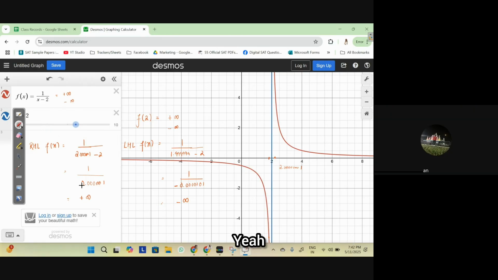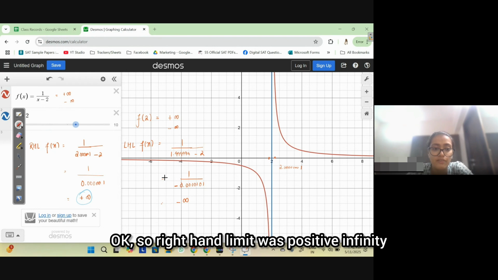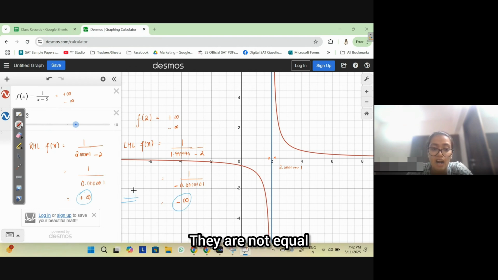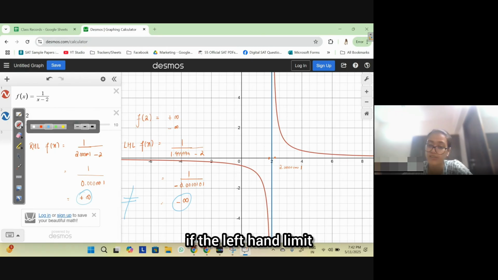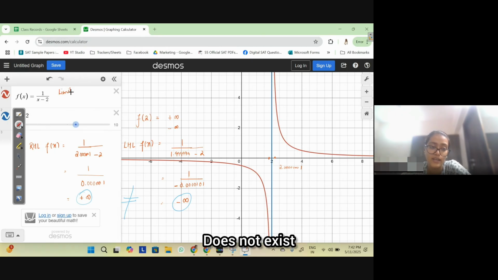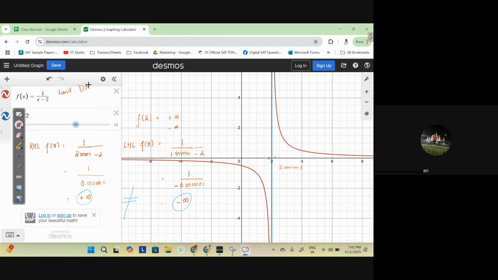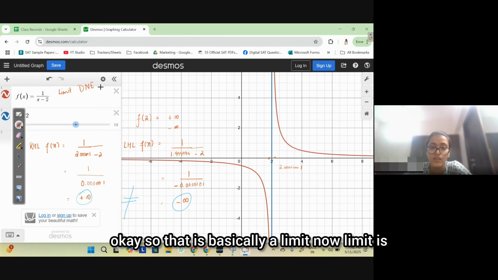So the right hand limit was positive infinity, the left hand limit was negative infinity. They are not equal, right? So if the left hand limit and right hand limit are not equal, we say that the limit does not exist.